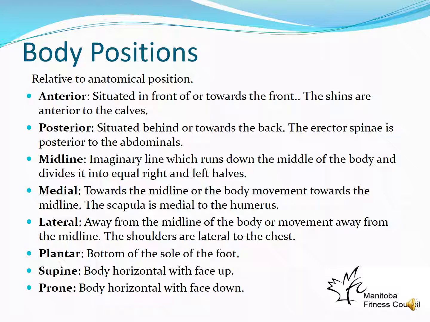The group is posterior to the abdominals. So the muscles in the low back are posterior to the abdominals. You can look at it too that your heel is posterior to your toes on your foot. Your heel is posterior, situated towards the back.